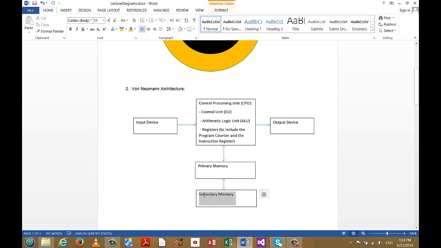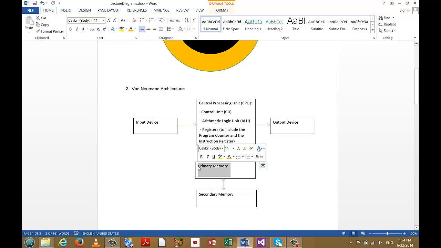there is a need to store the programs and instructions long term, so that anytime they're needed, they can be called up out of this long-term memory and then put into primary memory, where they will be available immediately for processing. And so our primary memory is nowadays something called RAM, random access memory.